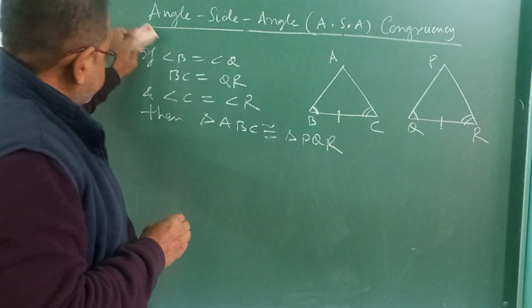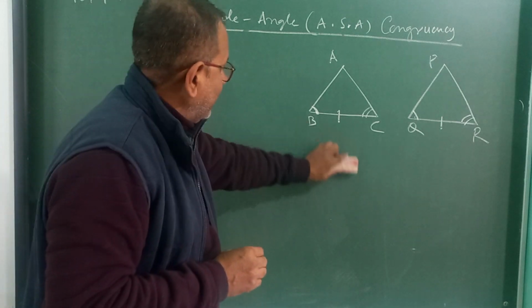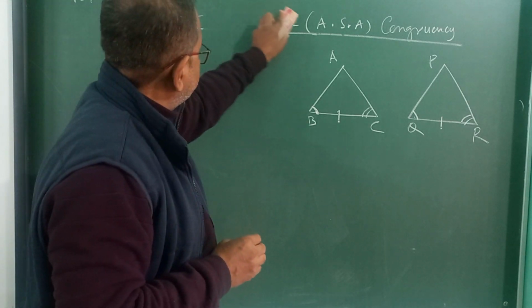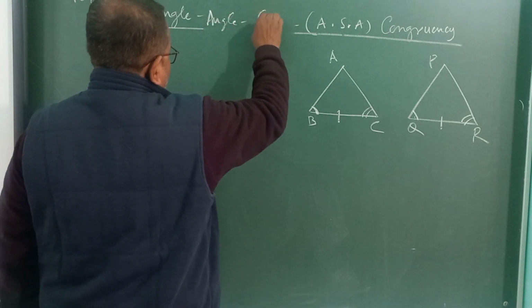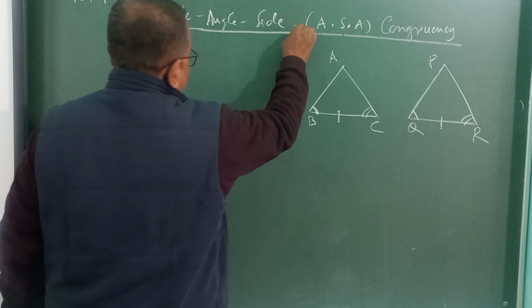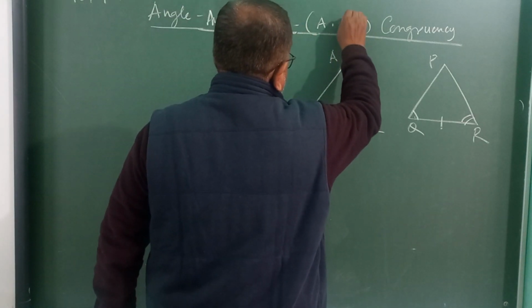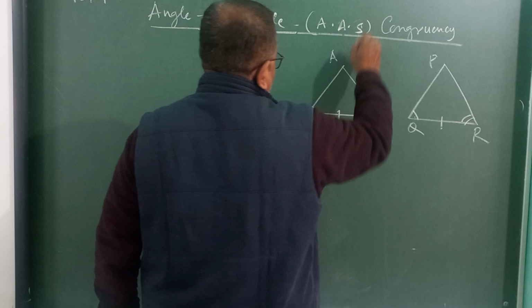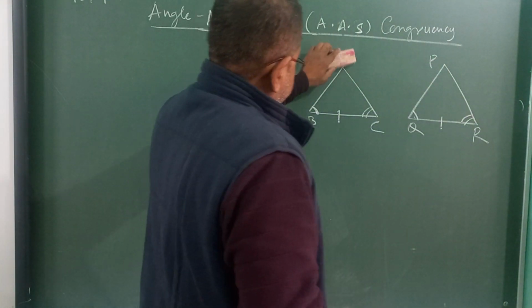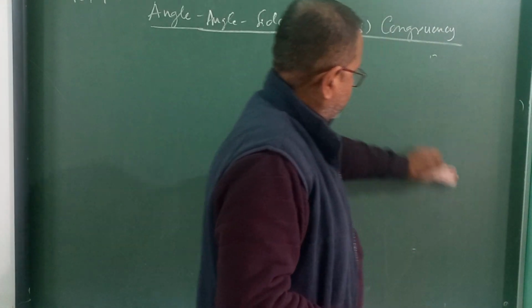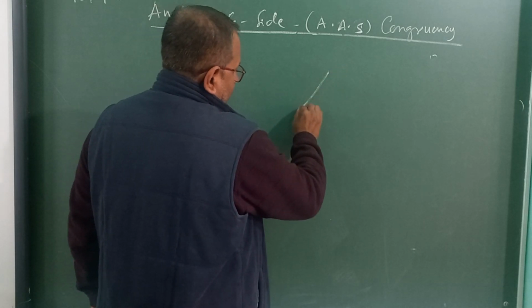The fourth congruency is angle angle side, AAS congruency. So again take two triangles.